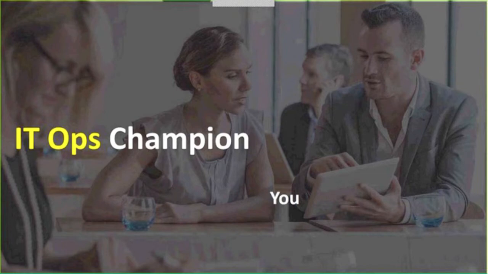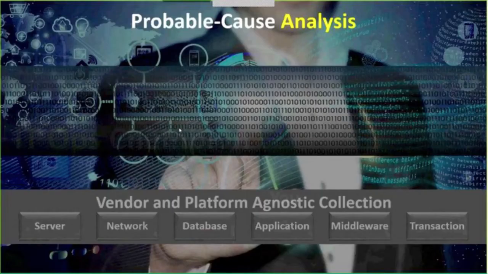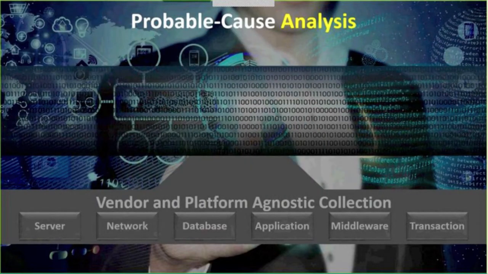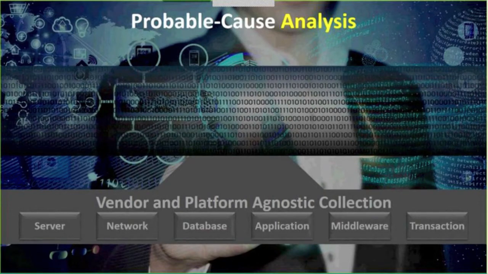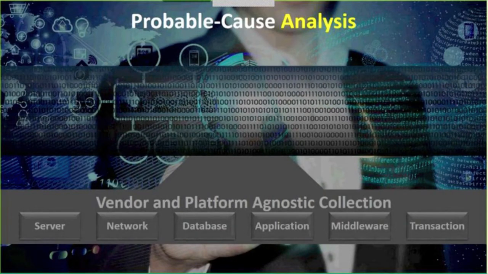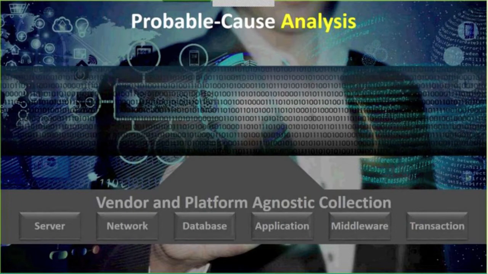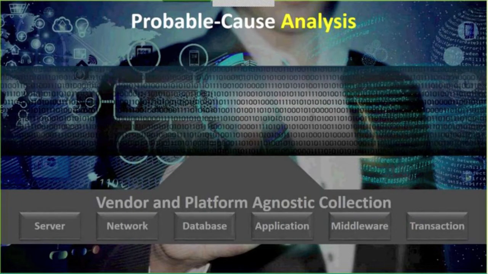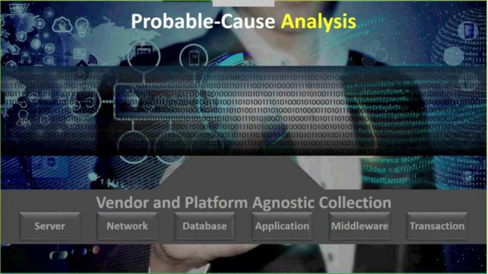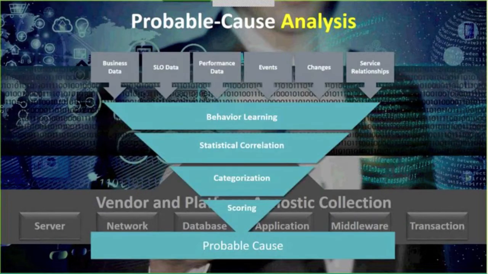This is my favorite slide that we have. We have this probable cause analysis. Unlike the competitors, we really have a full view of server, network, database, application, middleware, transaction, sources for events, and we can pinpoint for the application delivery. We can take a look at what's happening in the context of a much larger environment.